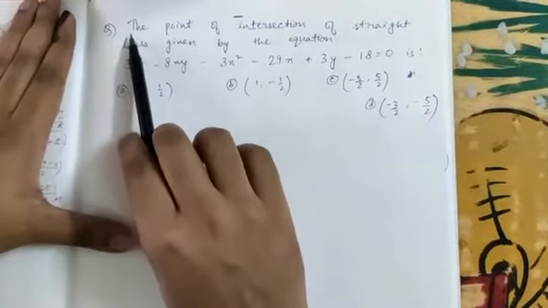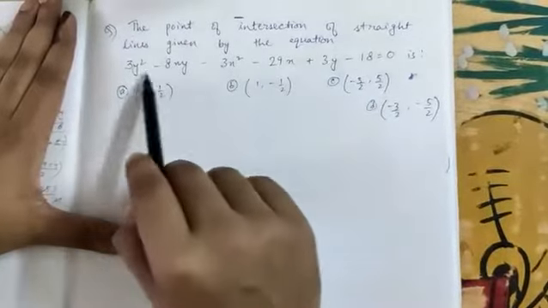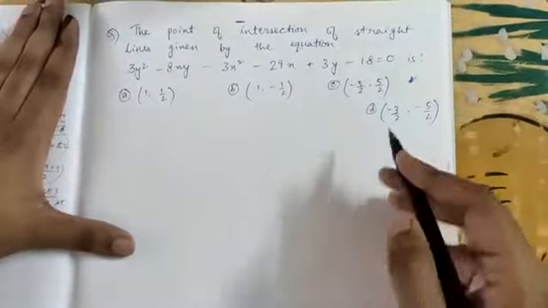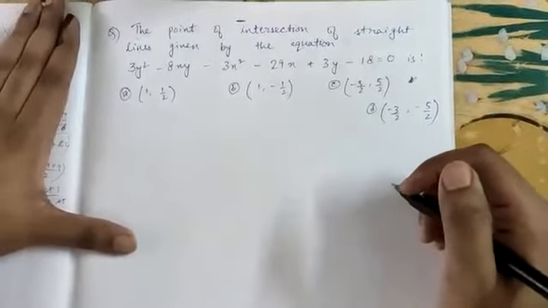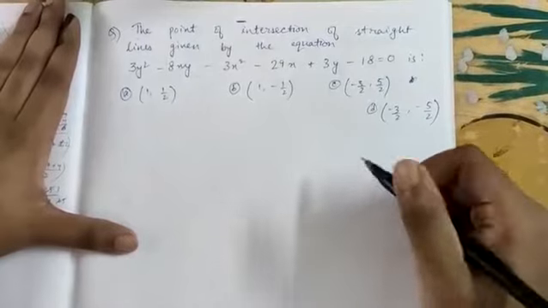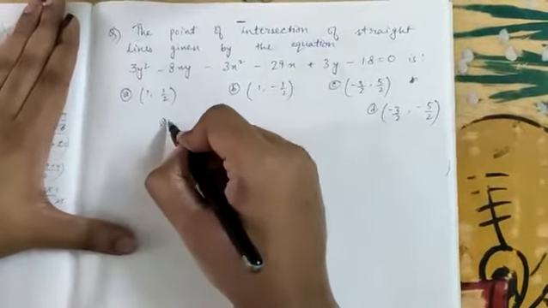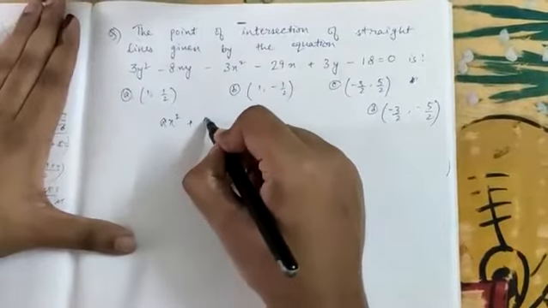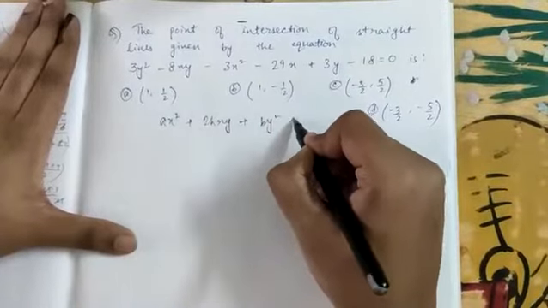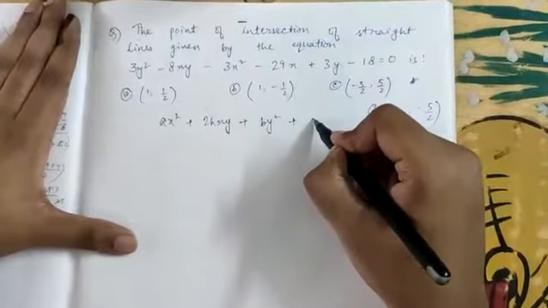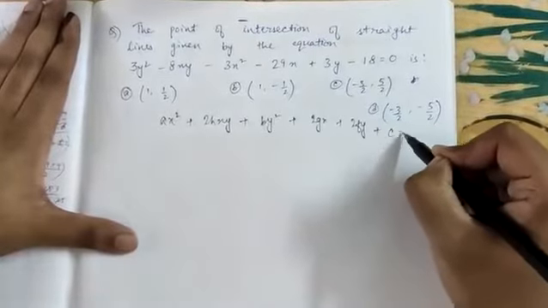The first question is stated as: the point of intersection of straight lines given by the equation, this is what? This is a very direct question, and this type of question is frequently asked in WBJEE. What we know is that a pair of straight lines is generally expressed by ax square plus 2hxy plus by square plus 2gx plus 2fy plus c equal to 0.